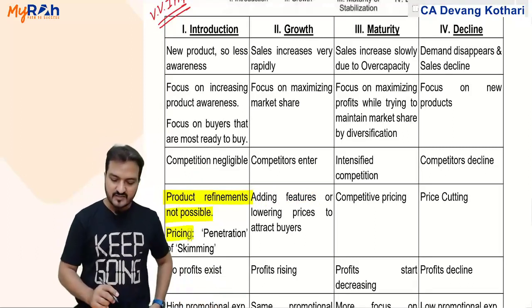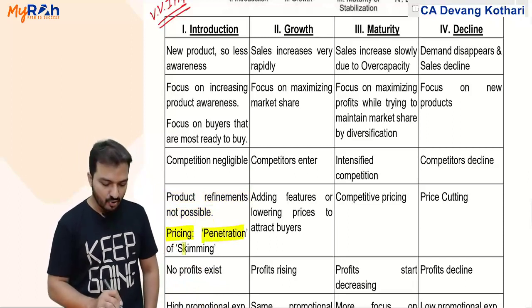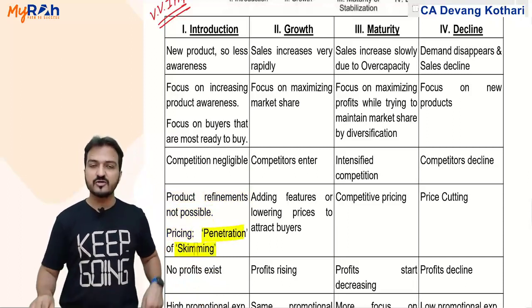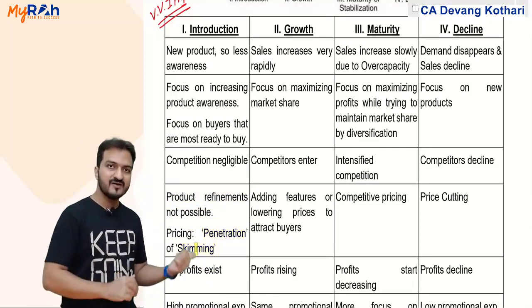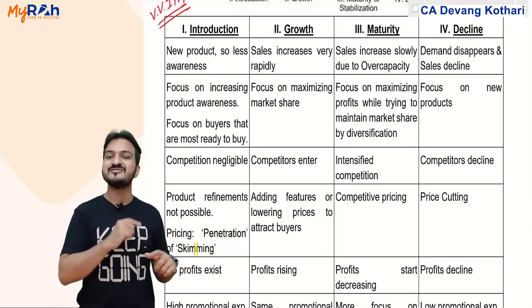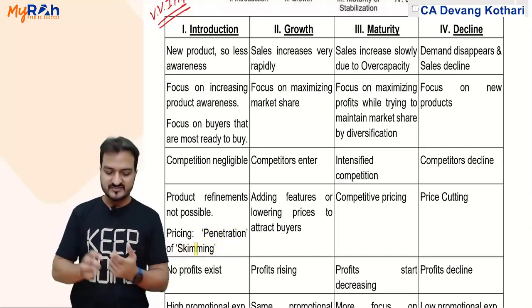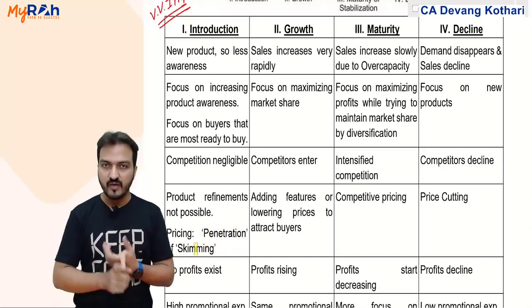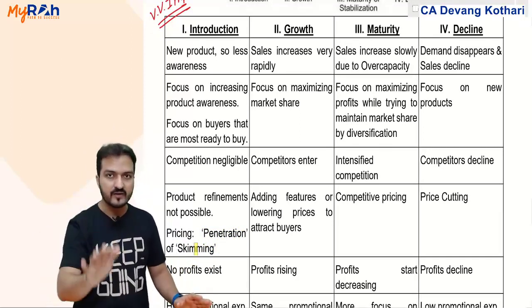Plus, the pricing of the product might be penetration pricing or skimming pricing. These are two opposite strategies of pricing a product. We will learn these strategies in chapter number 7, pricing decisions. I'll tell you now here itself. Penetration pricing means initially at the launch, I price the product very less.